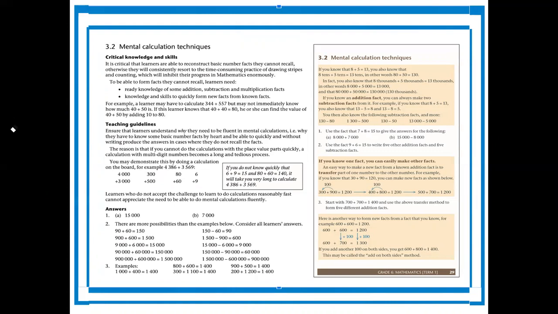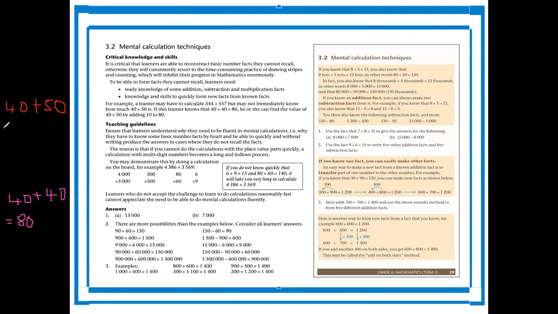I'll use the same colors even. So we have 40 plus 50 over here. And then down here, we have 40 plus 40. And we know that this is 80.